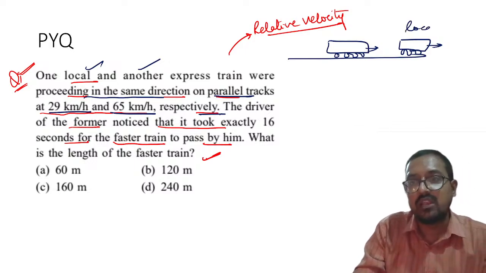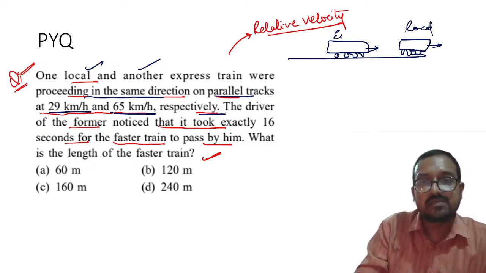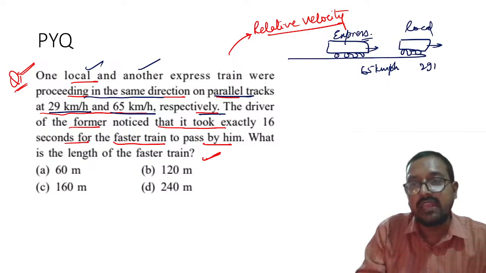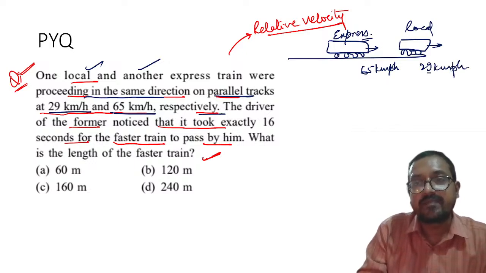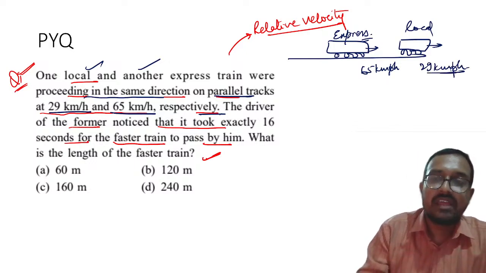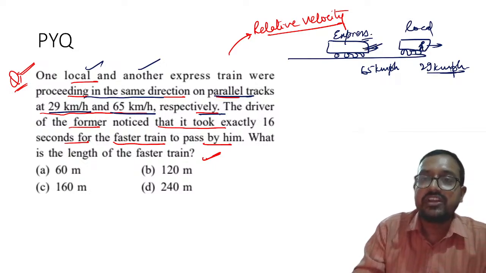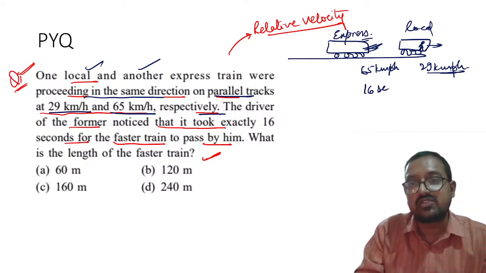Let us say this is local and this is express. So this is moving by 65 kmph and this is moving by 29 kmph. The driver of the former, sitting here, sees that this train took 16 seconds to cross.